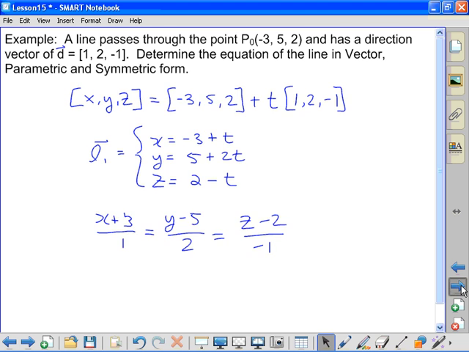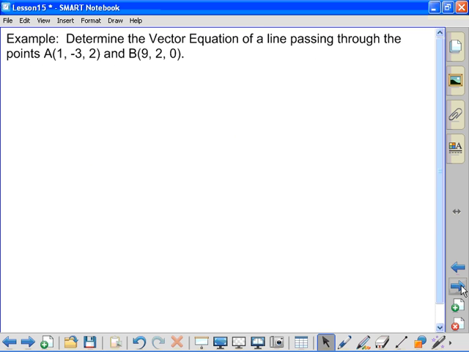So pure vanilla. Determine the vector equation of a line passing through the points A and B. This question sometimes turns out to be a hard question on the test because people just treat this as a coordinate and this as the direction vector. I really don't know the justification. It's almost like student brains kind of lock all of a sudden and you spin out of control into a fiery crash.